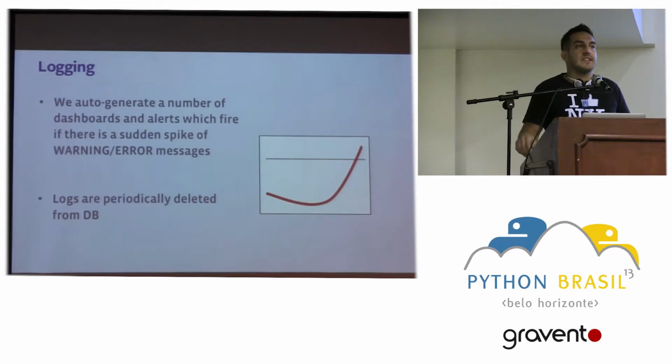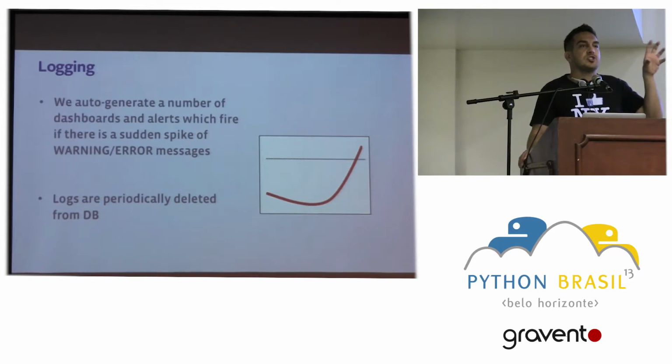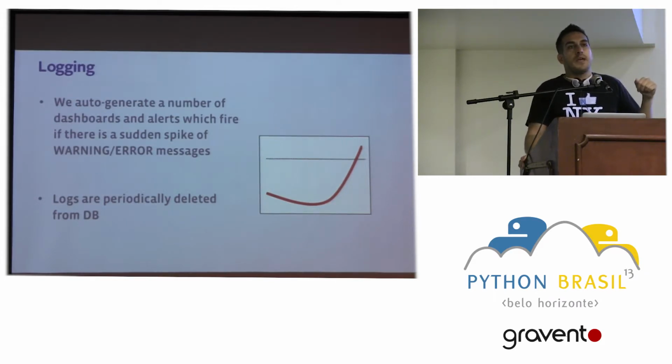There is another advantage of using a centralized logging system like this, which is very valuable to our users. We're able to auto-generate a lot of alarms based on these logs. We aggregate logs based on their level. For each job type, you usually have a certain baseline of info messages and warning messages. We constantly have traffic going through FBJE.